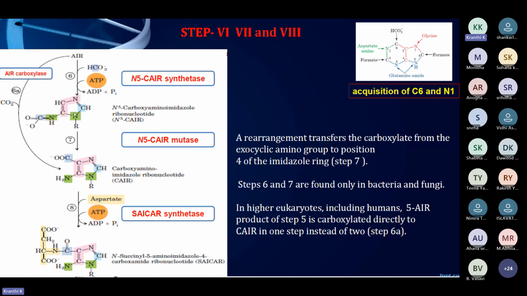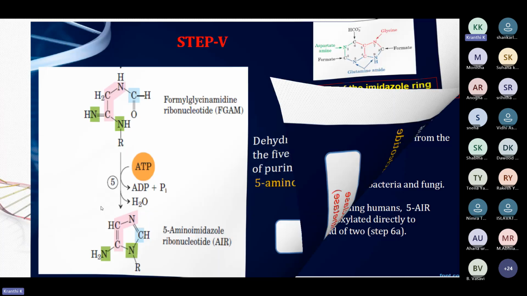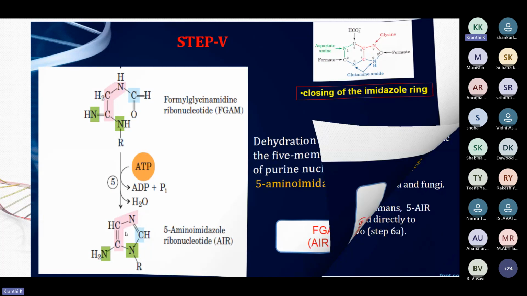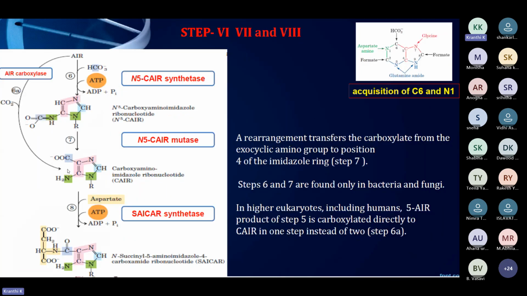So it will get modified. Simple. This is an imidazole ring. So it got closed. After closing, the transformation may happen, meaning the change of the carbons from here to here. So in higher eukaryotes, including humans, the product of step 5 is carboxylated directly in one step instead of two.